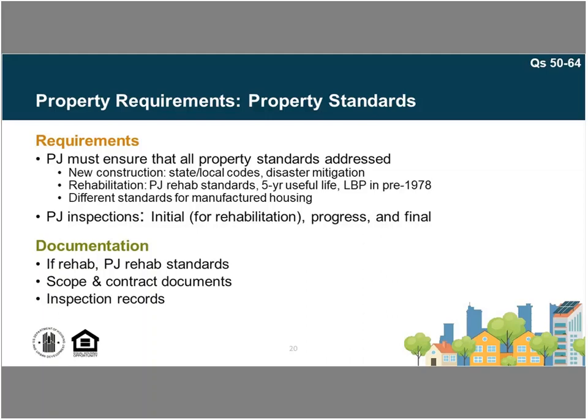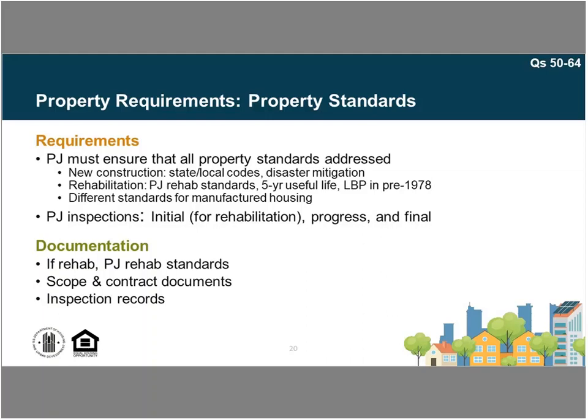Then there are progress inspections during the work to verify that the work's being done according to the contract, and a final inspection, which is critical to document that the property, when completed, meets all HOME property standards as required by the rule. And those inspections are really very important.